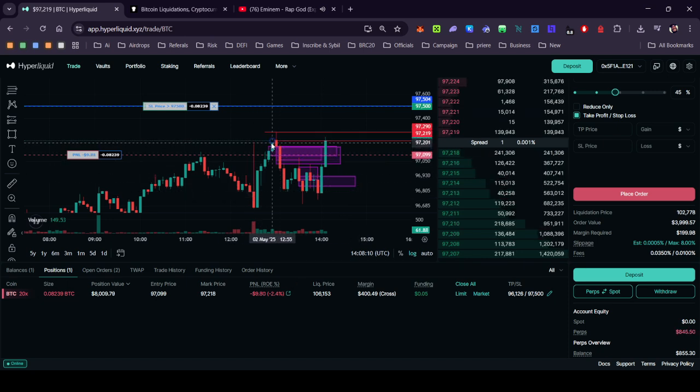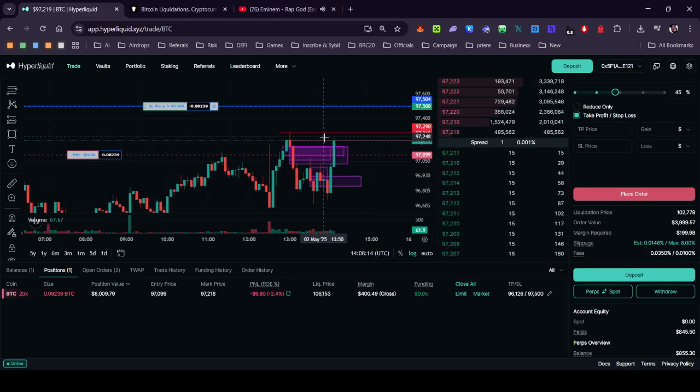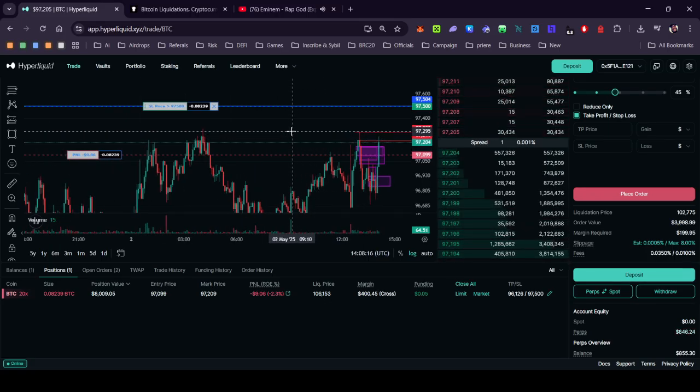This was the market makers and market makers again. So price could proceed toward a higher price at this level.